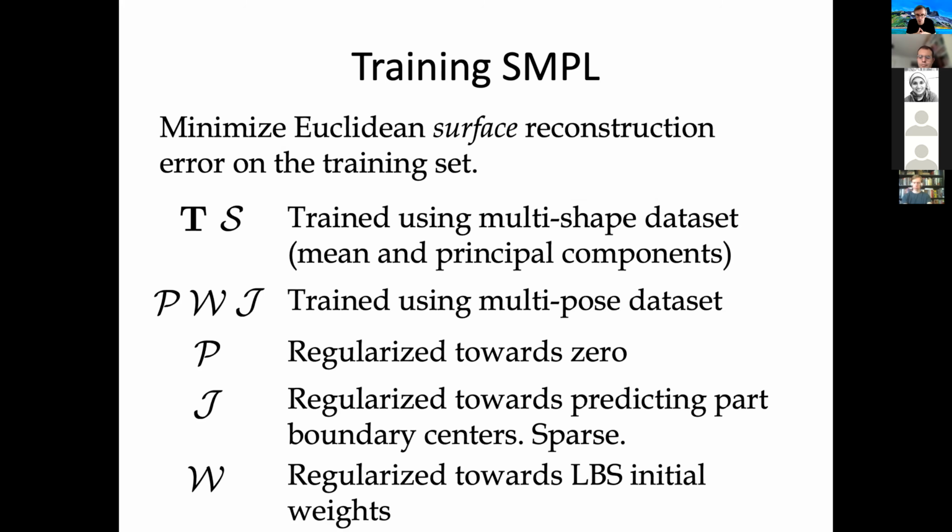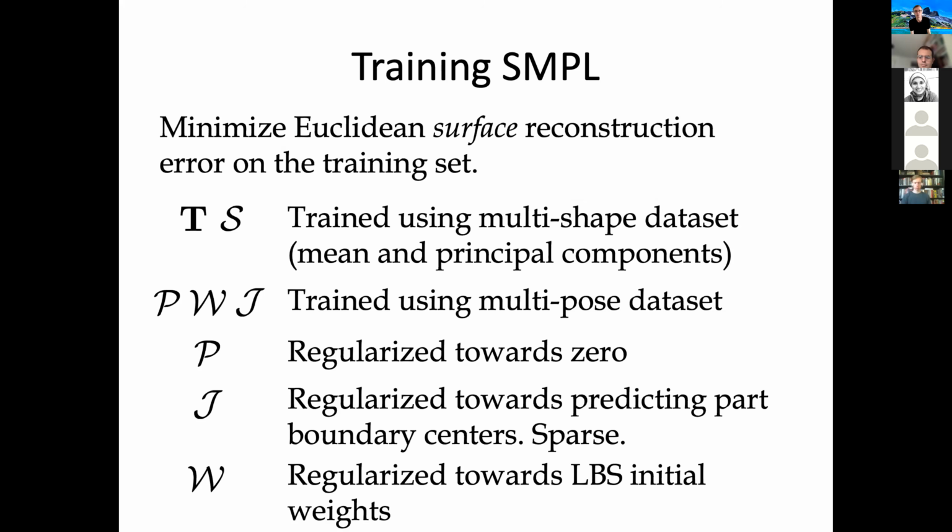The joint regressor is regularized to predicting joints near the boundaries between the parts, and it's regularized to be sparse. And W, the blend weights, are regularized towards an initial set of artist designed blend weights.